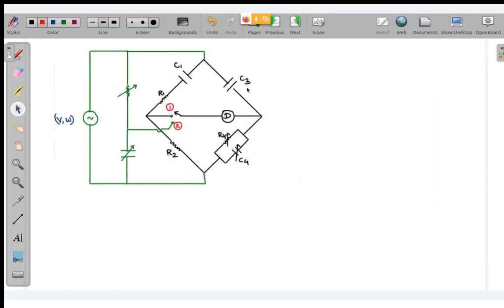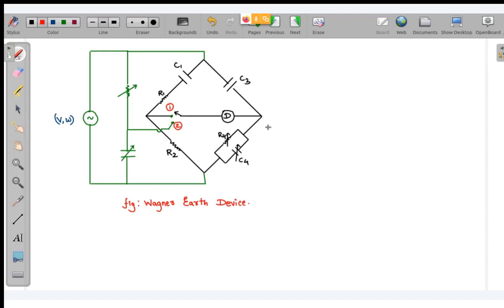This is your Wagner Earth device. It is written in your GATE syllabus, but no question has been asked, and I am very sure no questions will ever be asked.